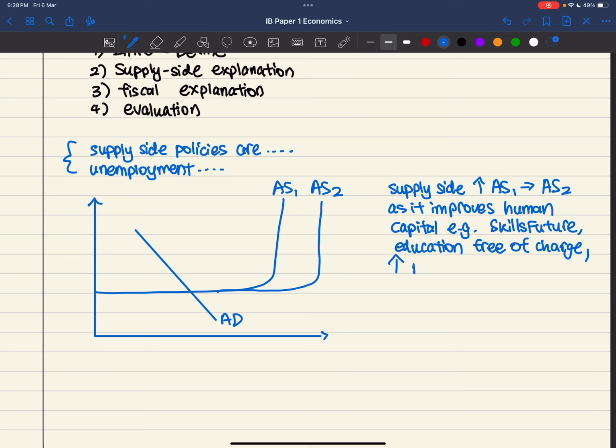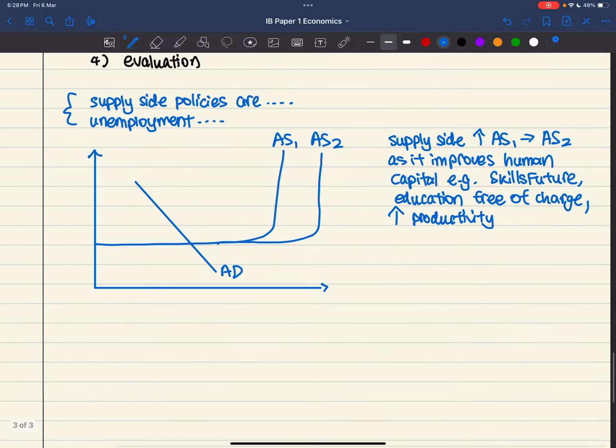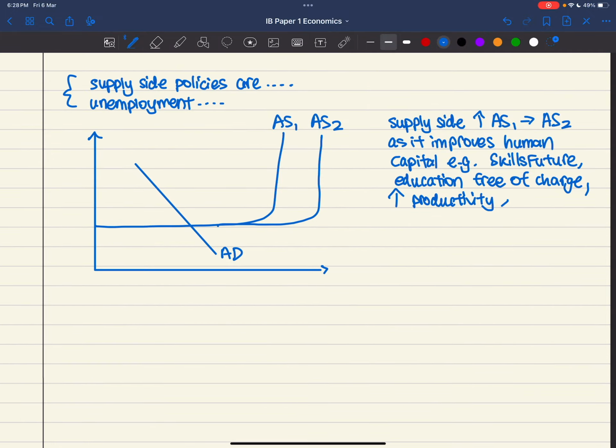What does this do? Increases productivity. Sorry, I'm trying to write as fast as I can. So it improves productivity, improves potential output, and thus increases AS1 to AS2. So there's a shift here.